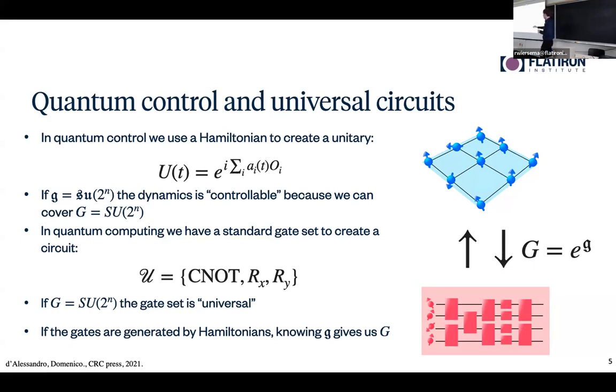You can imagine you have a gate set that doesn't allow you to cover all of SU2. That means that the generators of your gate form a Lie algebra that is not SU2. So understanding, given a Hamiltonian, what the dynamical Lie algebra is allows you to make statements about what kind of dynamics and what kind of circuits you can have. So it's good to know.